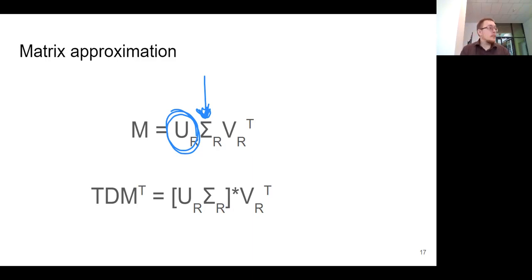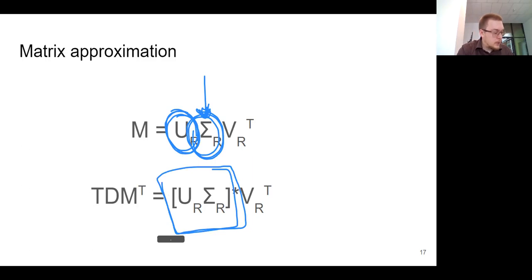What does it give to us? This one is the new coordinate system, a new orthogonal representation for the data. And this one is importance. If we group them together, orthonormal multiplied by a diagonal matrix, this will be an orthogonal matrix, which can be used by us as the first one.